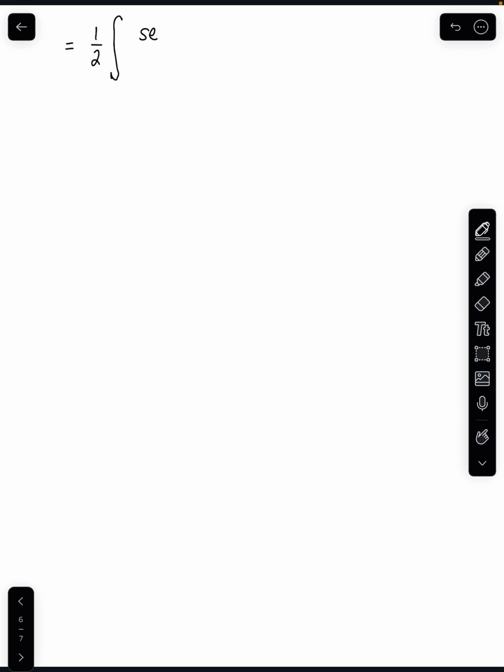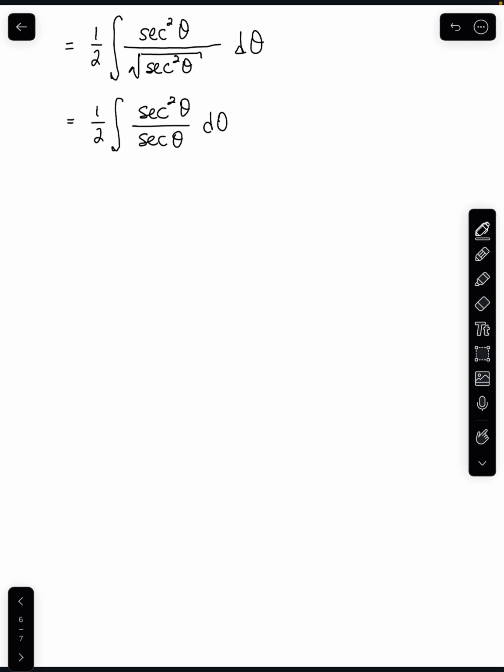So in the numerator, we have secant squared theta, and in the denominator, we have the square root of secant squared theta. The square root of secant squared theta is, of course, just secant theta. The integrand further simplifies to simply secant theta.